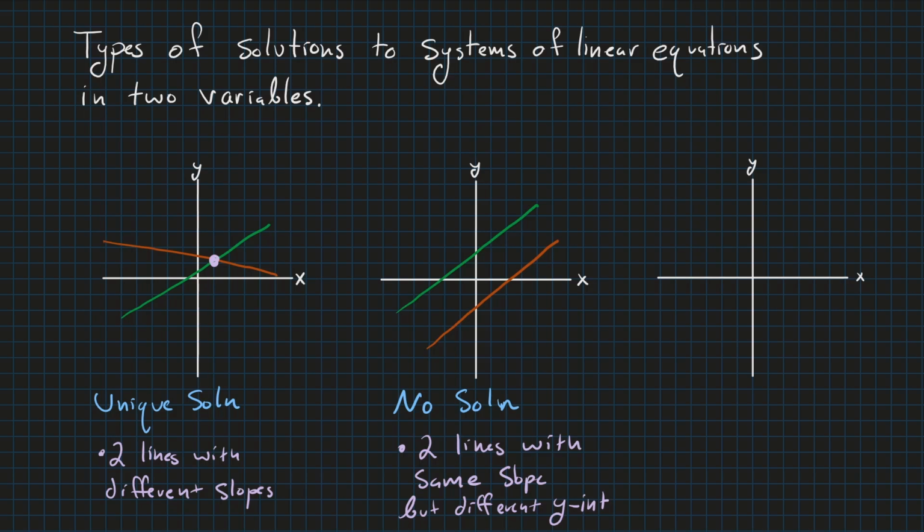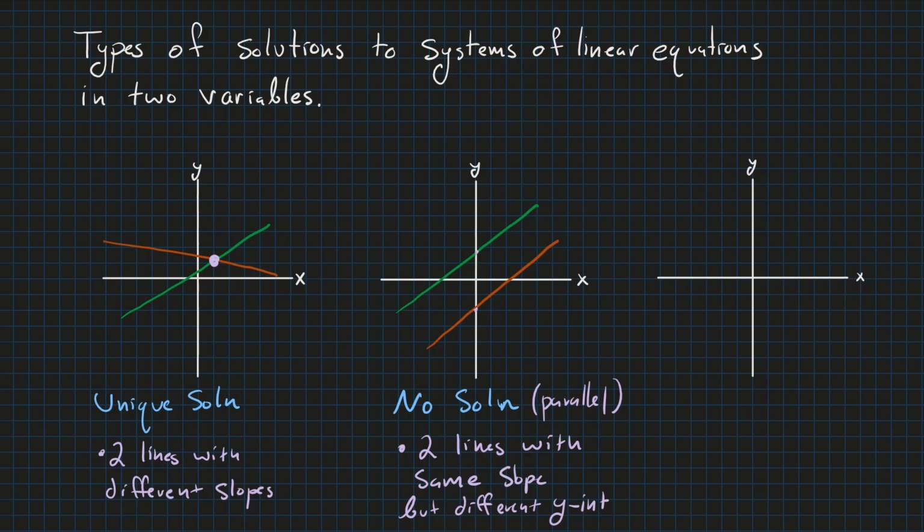So the y-intercepts here are different, but they have the same slope. These are parallel lines. So they're parallel lines with different y-intercepts. That will give you no solutions.